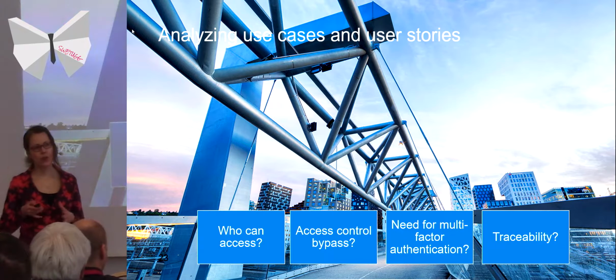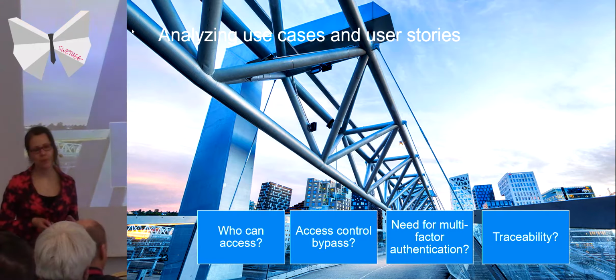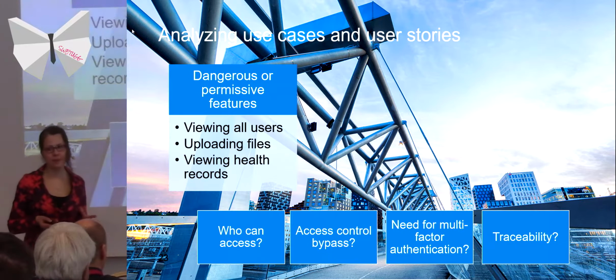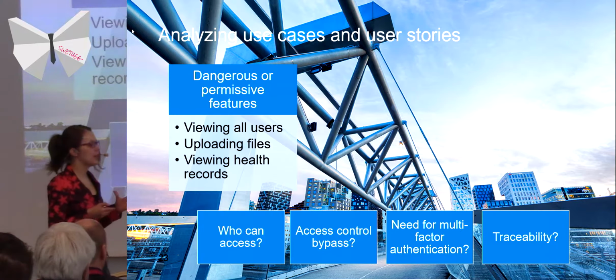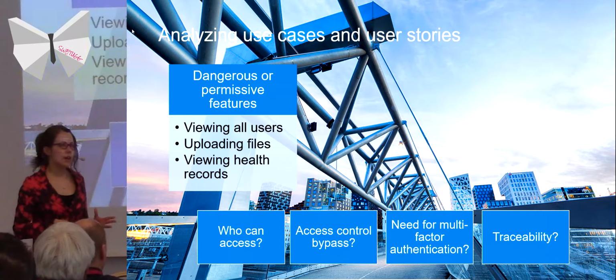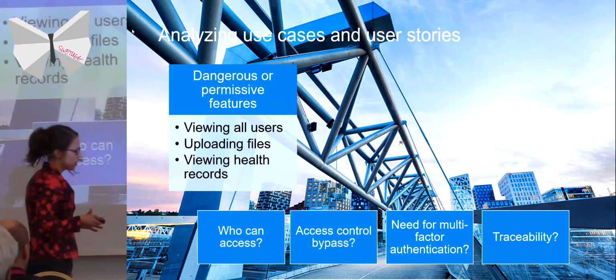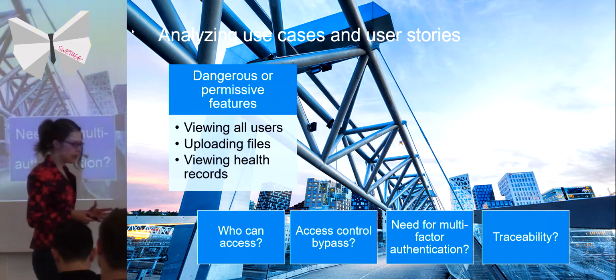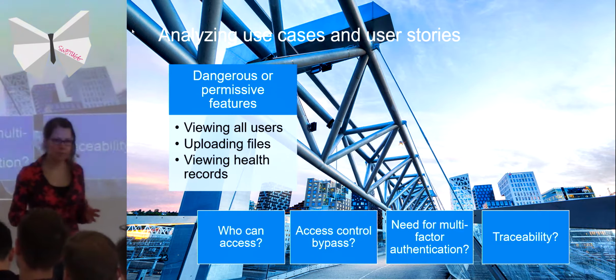And first about user stories or features, you can think, is there something dangerous or permissive, like being able to see every user in the system? Let's say your company has a portal for exchanging documents and contracts or reports with your customer.